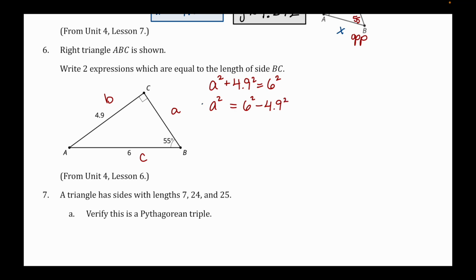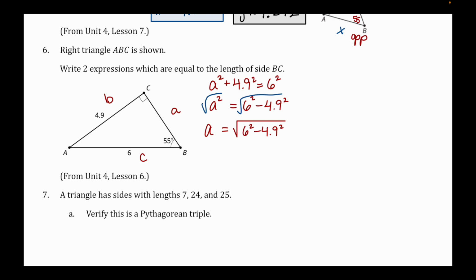And then we would have to take the square root of both sides. So I could say a is then equal to the square root of 6 squared minus 4.9 squared. I'm only leaving my answer like this because they wanted an expression. They didn't want me to actually write out what the answer is.